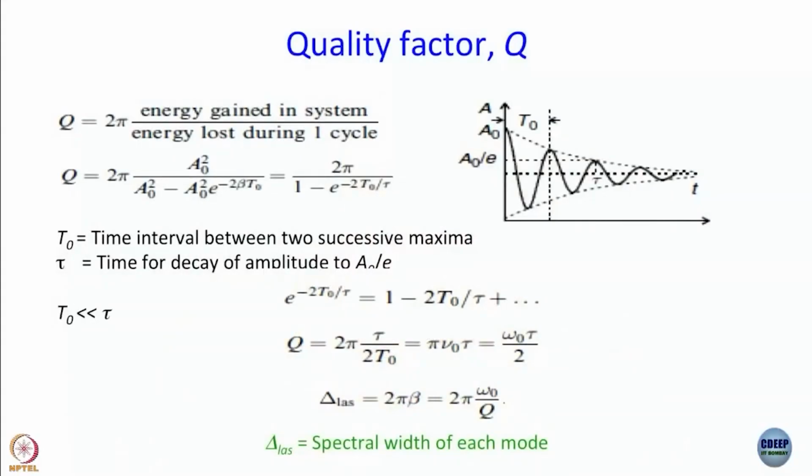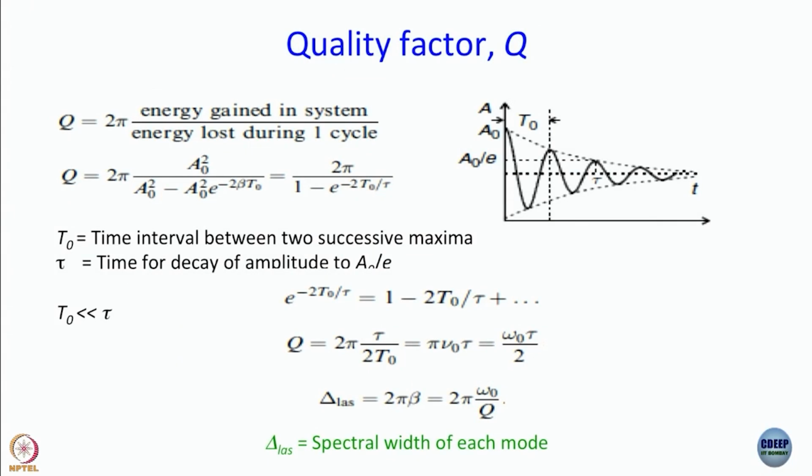And we have also said that the spectral width of each mode is something that we have calculated, and given the modal wavelength and given the width of the spectrum, we know what the total number of modes is. Okay. And then we introduced another term which is very important as far as discussion of lasers is concerned, not just ultrafast lasers, any kind of laser, that is quality factor.